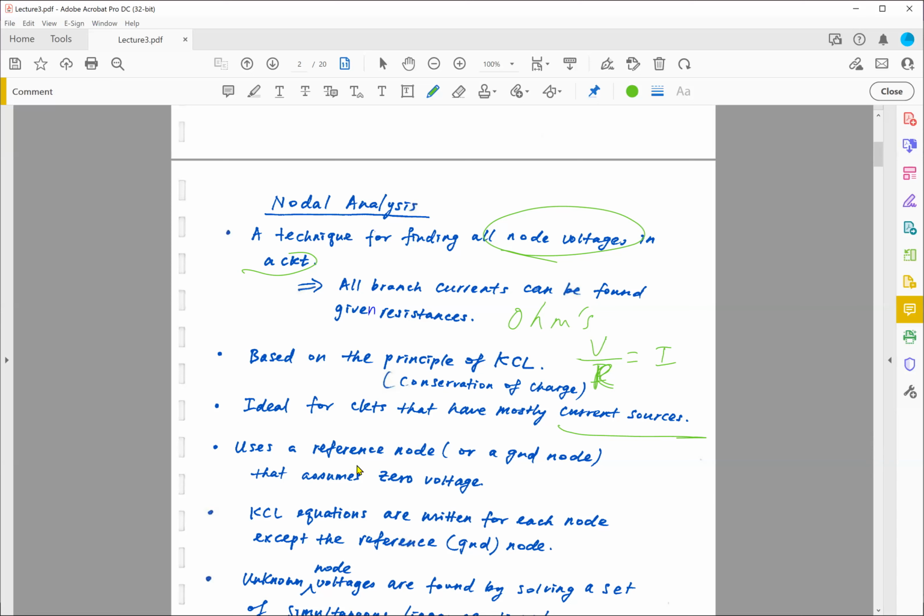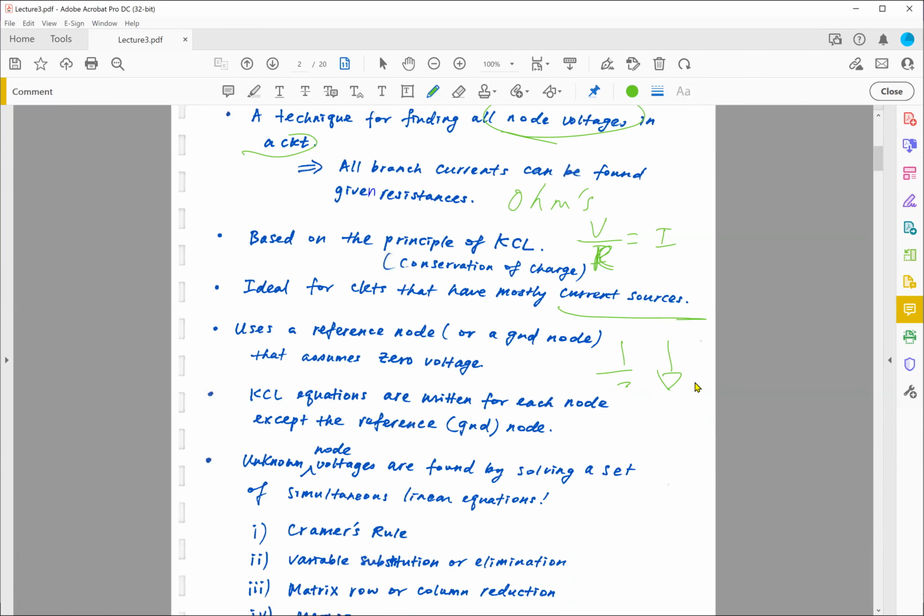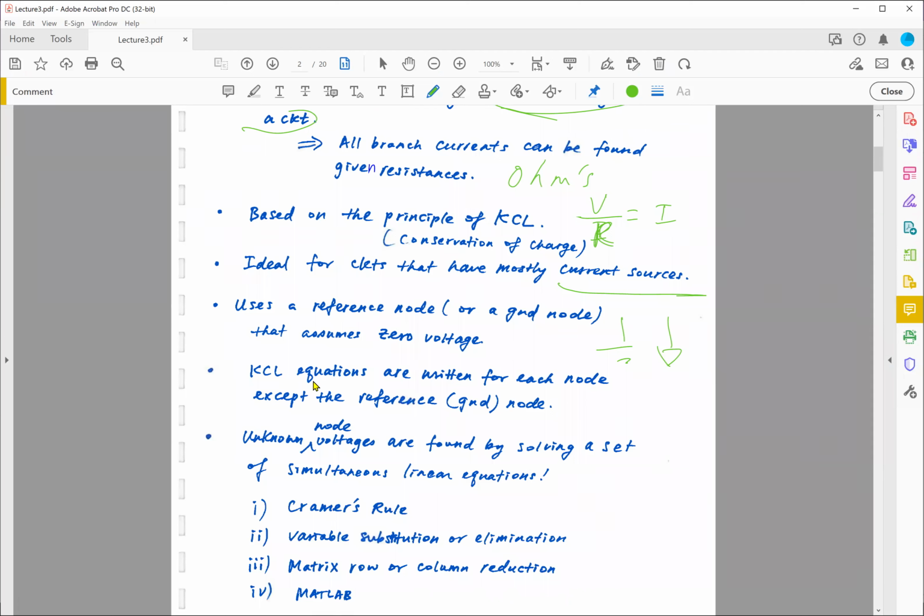Nodal analysis is also based on the reference node. And as we discussed, a ground node or a ground reference is ideal for your reference node because this ground assumes a zero voltage. KCL equations are written for each node.